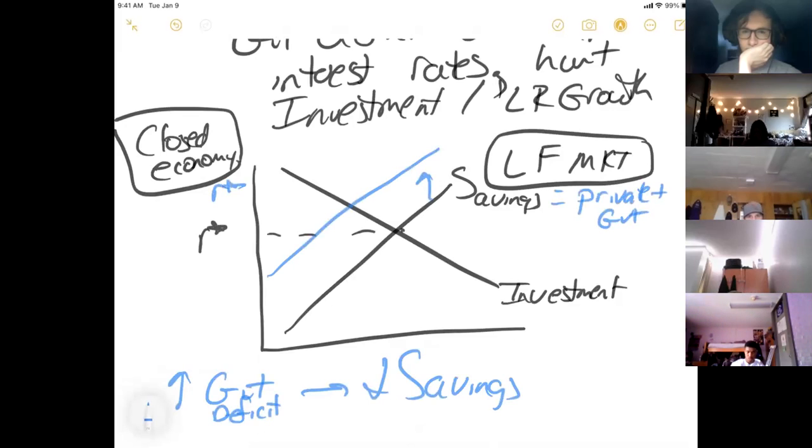What does that do? Pushes up interest rates. And it makes it more expensive to invest, and it could hurt long-run growth. So this is a real danger.